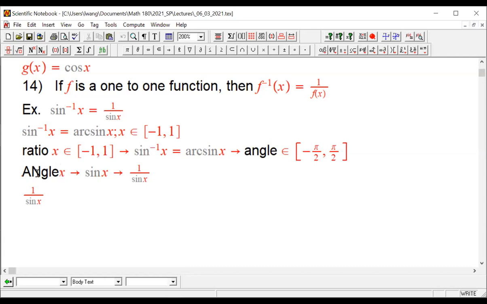So even though they're both called x, their meanings are entirely different. Their meaning is determined by what? Determined by the function. So this x is a ratio. This x is an angle. And you take this angle, it produces a ratio, and then you take the reciprocal of that ratio.